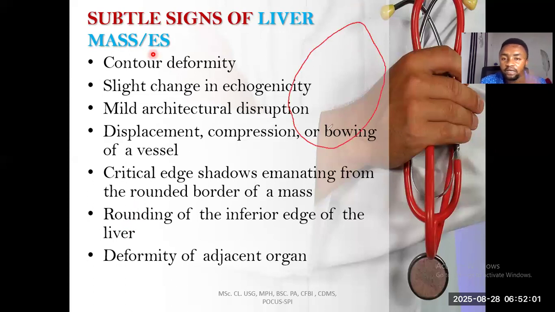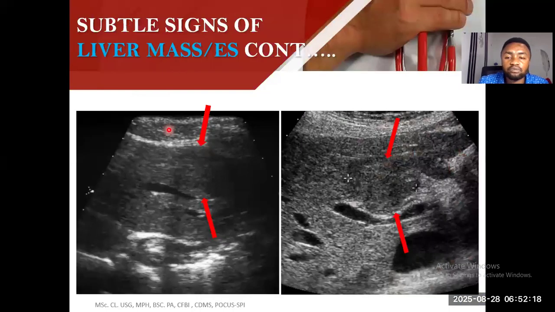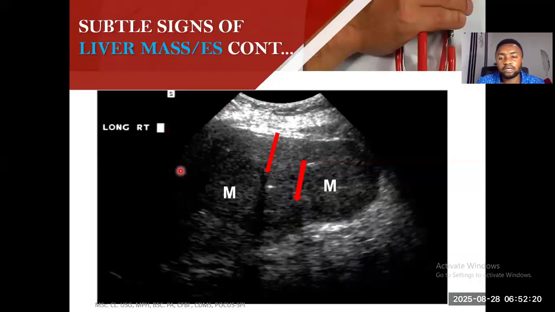Let's say this is the liver, and the mass is very huge and round over here, you see that the inferior edge of the liver will appear rounded because of the mass over there. So it depends on the size of the mass to see those structures.